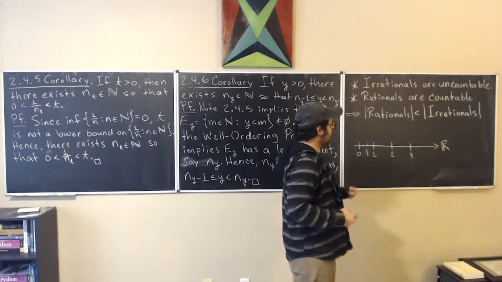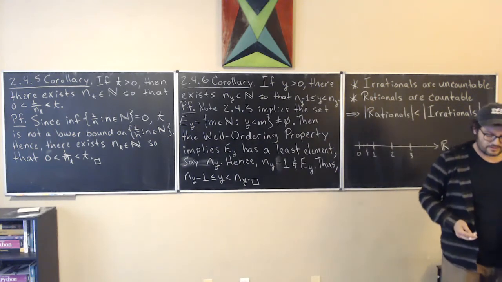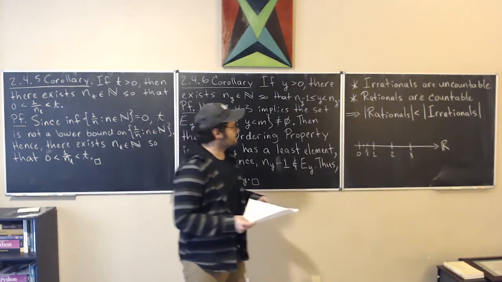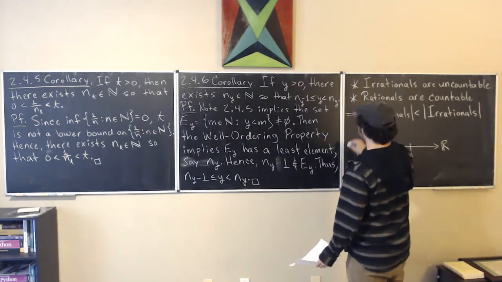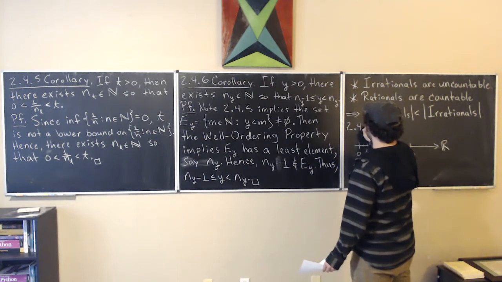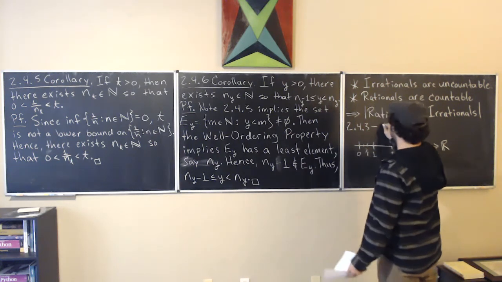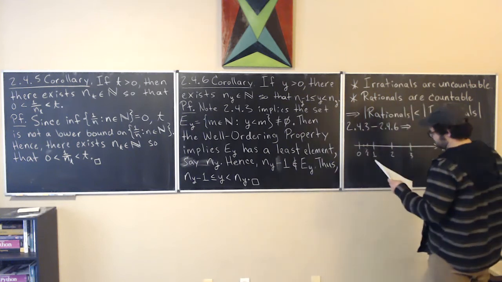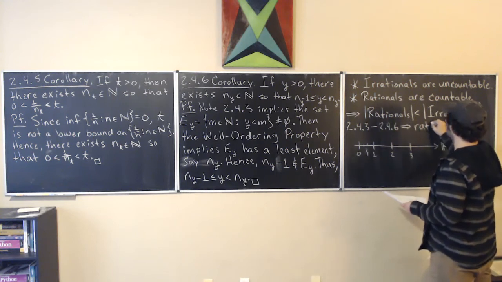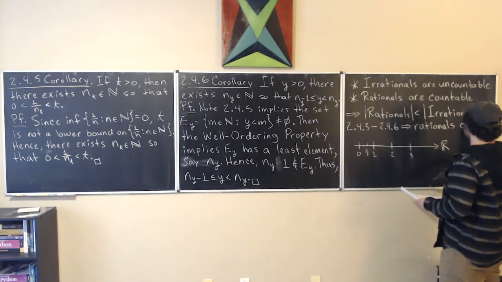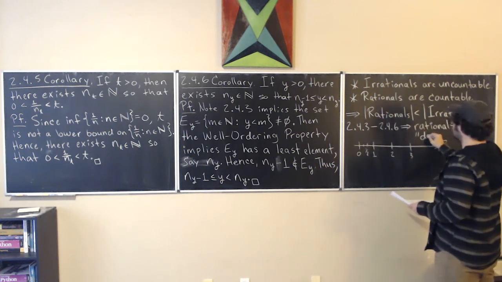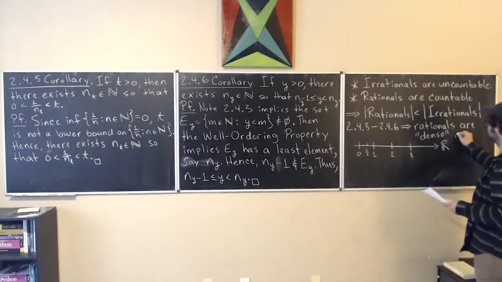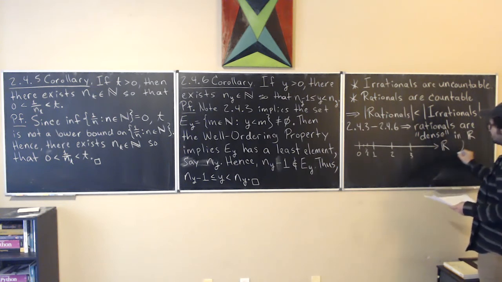But what we can say, as a consequence of these Archimedean properties, 2.4.3 through 2.4.6, is that they imply something called the density of the rationals. So the rationals are dense in R. What does that mean?